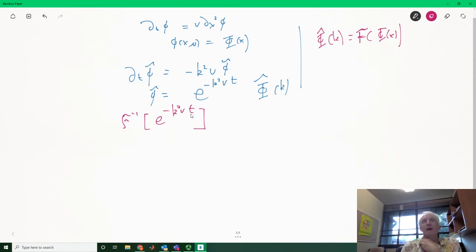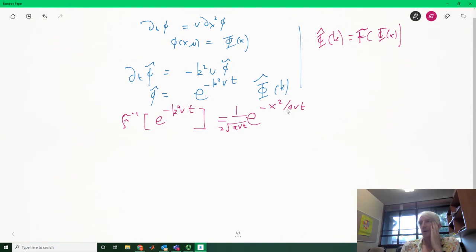So you can just look this up, and it's e to the minus x squared over 4 nu t, and there'll be some square root of pi or some funny normalization factor. I use these results a lot. So that's the inverse Fourier transform of that.